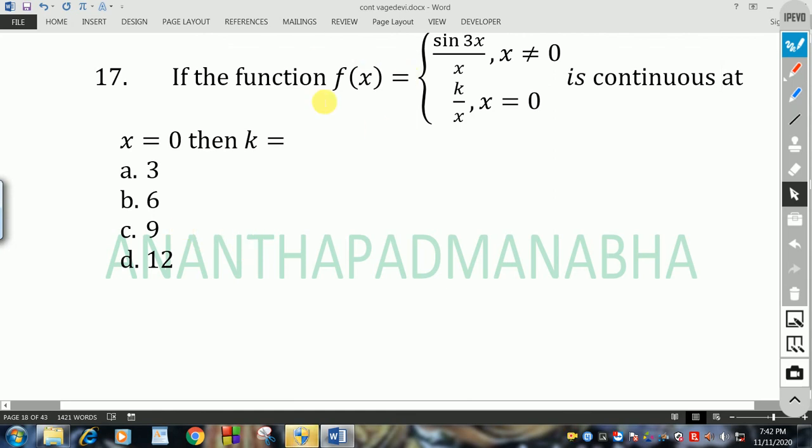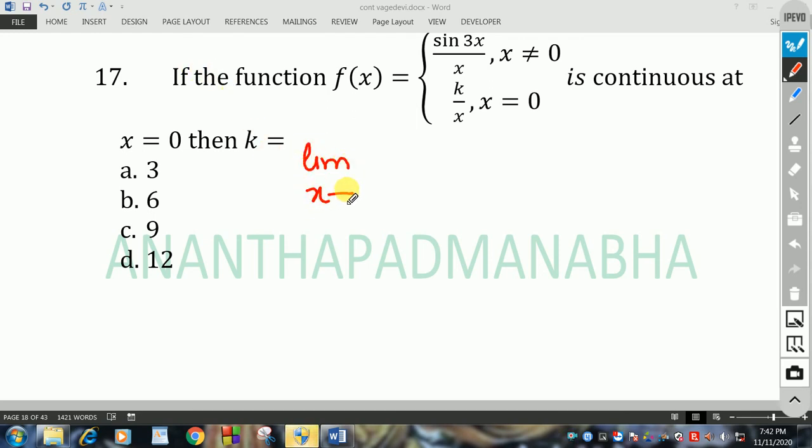So you can solve this by the definition again. For the function to be continuous at x equal to 0, the limit of that function should be equal to the value of the function, that is, limit as x approaches 0 of f(x) is equal to f(0).